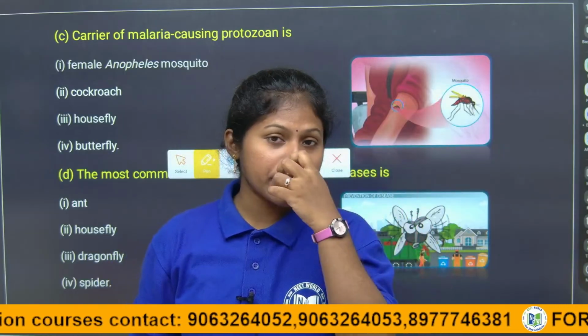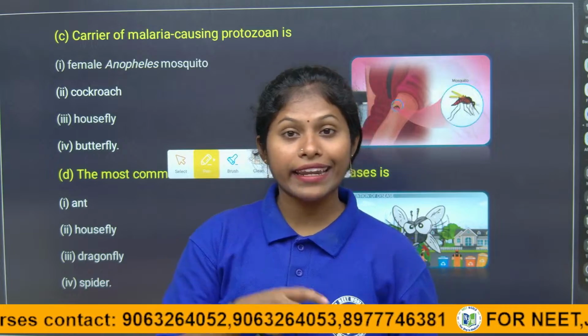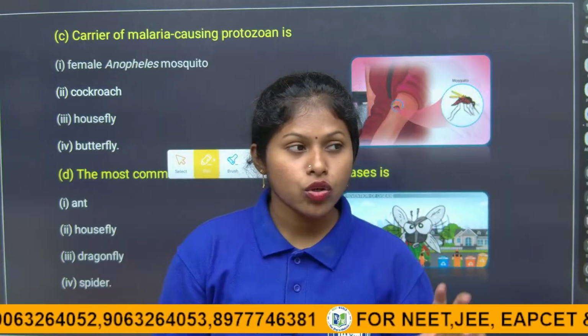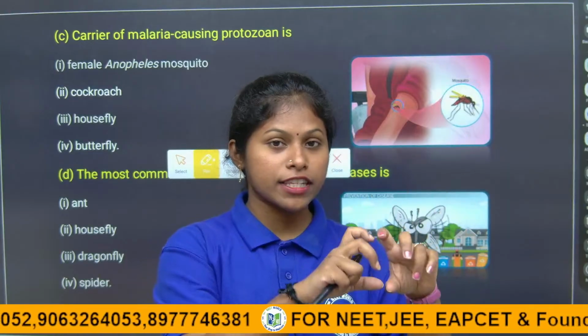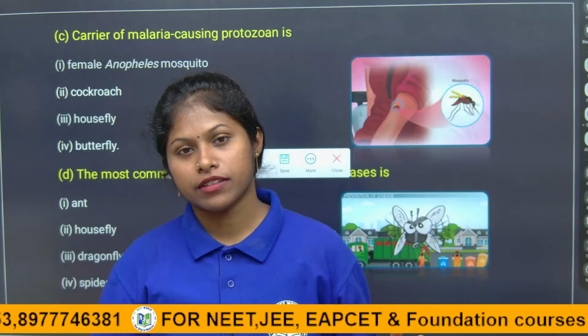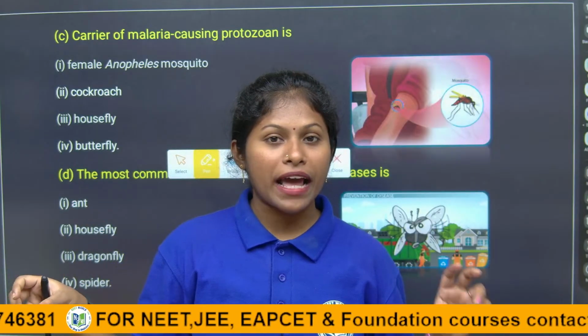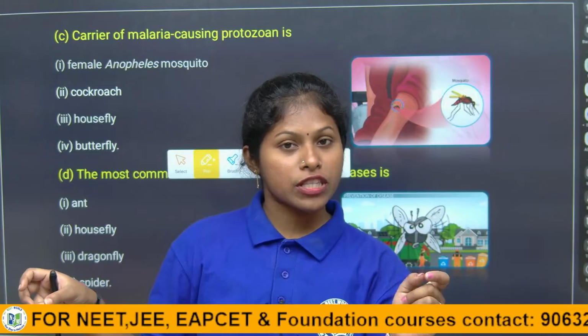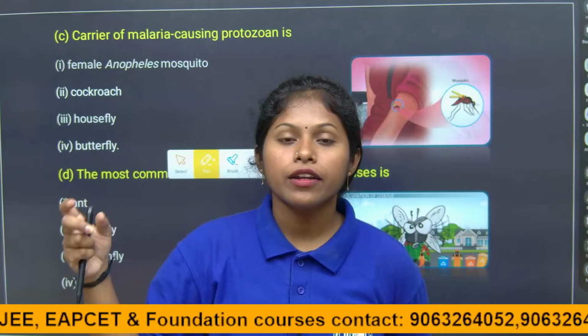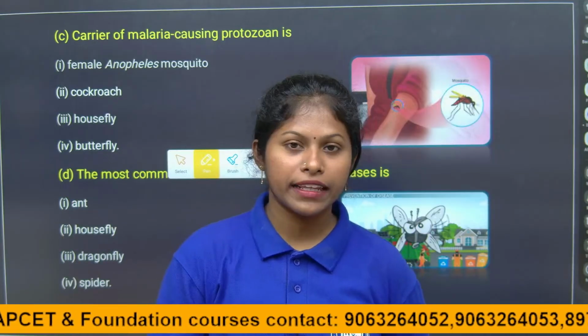The female mosquitoes are the carriers that cause malaria. The female mosquito sucks blood from the infected person and transmits it to a healthy person. When it bites, the Plasmodium, the malaria-causing protozoa, enters the healthy person, and there it causes malaria.